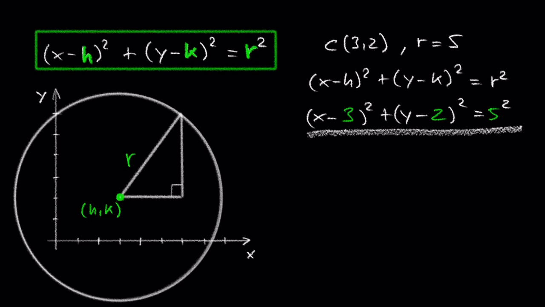What is the standard equation of the circle with the center 5, 7 and with the radius 11?